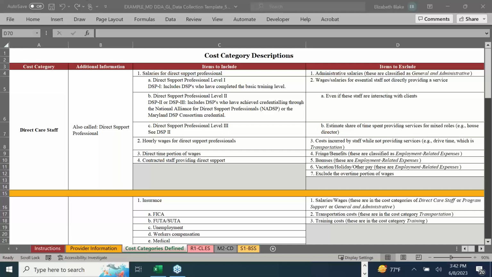Okay. We do not track DSP time for costs incurred by staff while not providing day hab services. For example, drive time, which is transportation. Are we required to start asking staff to track this time?